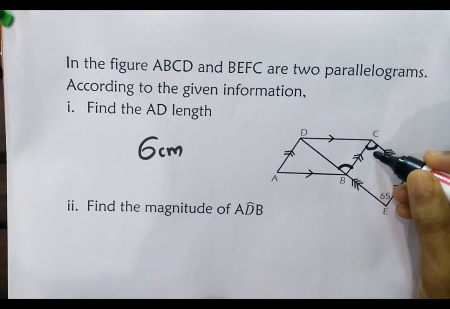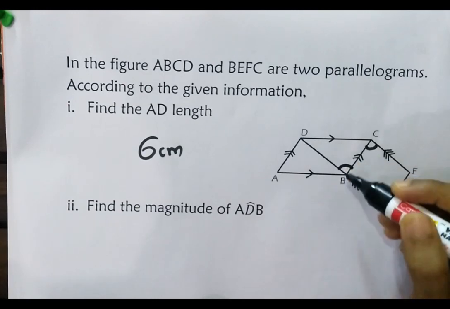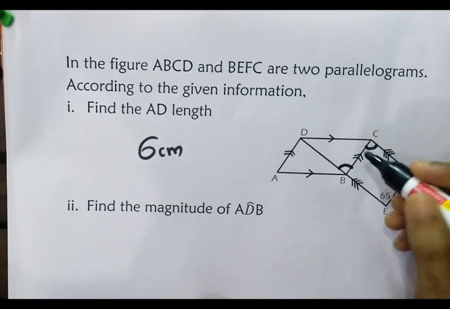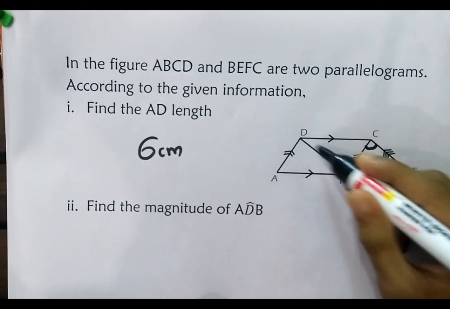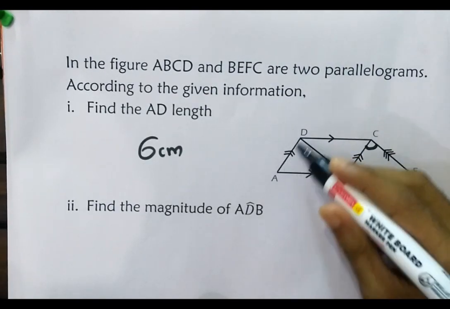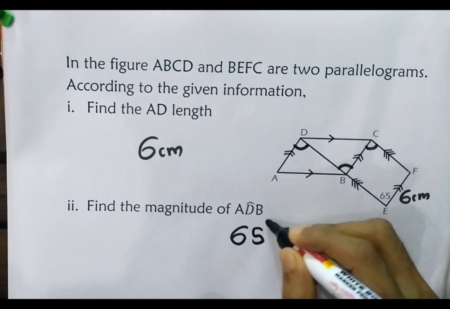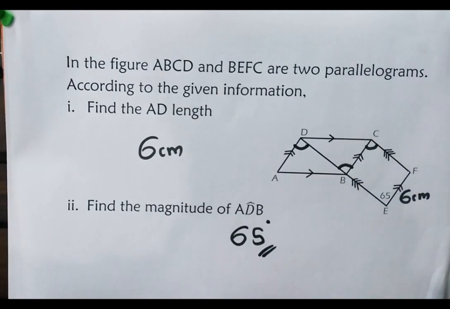In a parallelogram, the opposite angles are equal, and now according to the alternate angle, again DBC is equal to 65. Now again alternate angle in this shape. Okay, fine. So according to this alternate angle, again ADB is equal to how much? 65. So the same answers are coming.